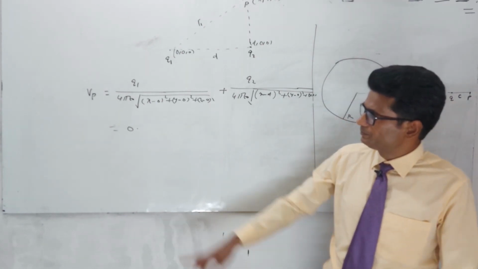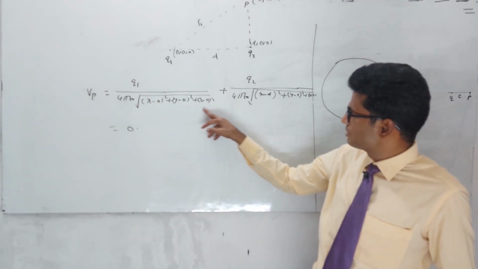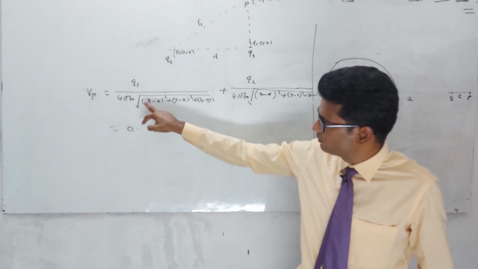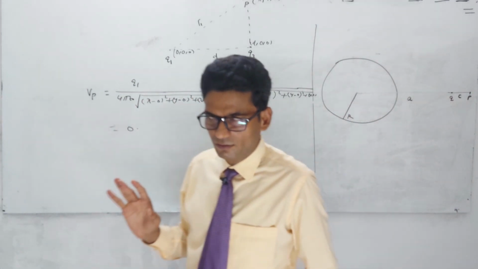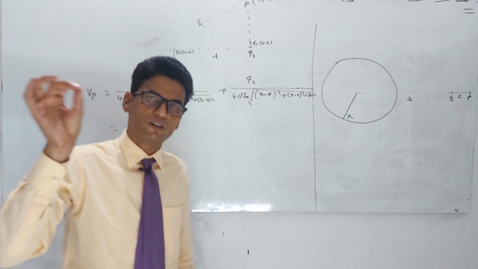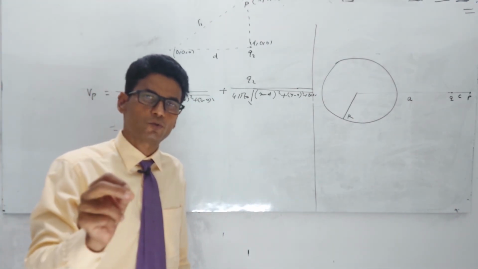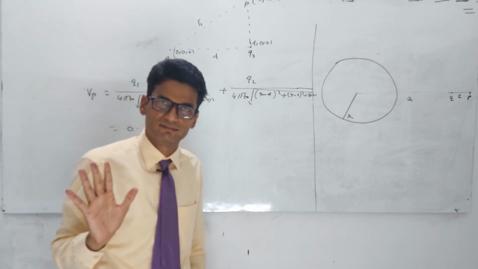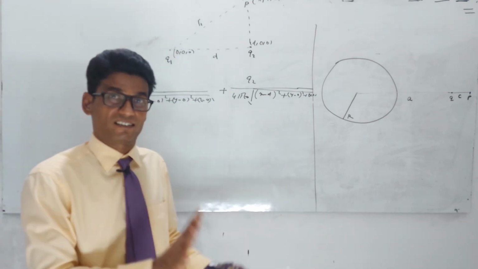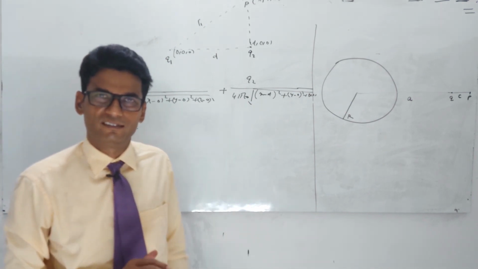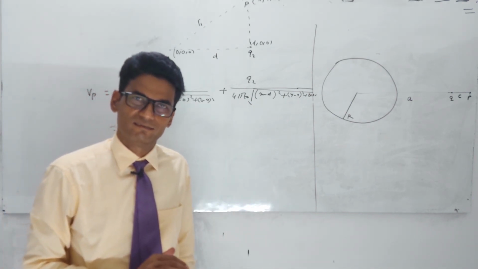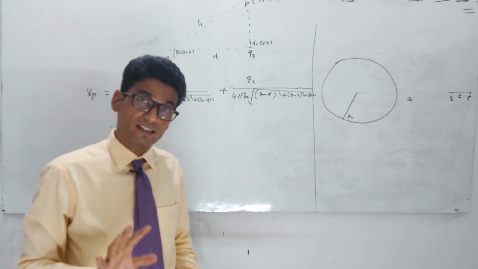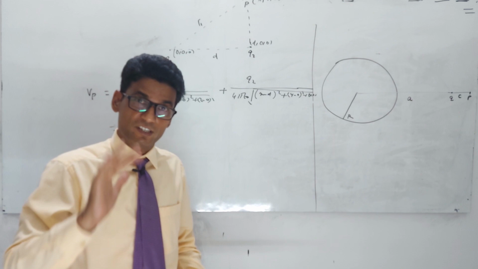Now look at here, positive, positive, positive, Q1, Q2, and we equate it to 0. It is possible only if these two point charges are of opposite nature. However, we had discussed in the earlier videos, we talk about nature, but we are writing negative, positive.